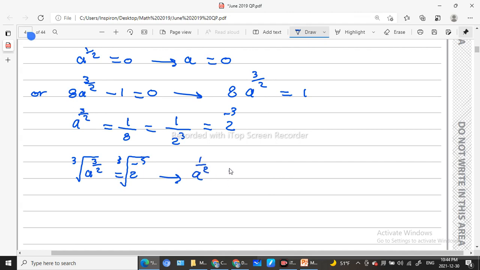And the cube root of 2 to the negative 3 is 2 to the negative 1. Now squaring, we get a equals 2 to the negative 2, equals 1 over 2 squared. That is a equals 1 over 4.